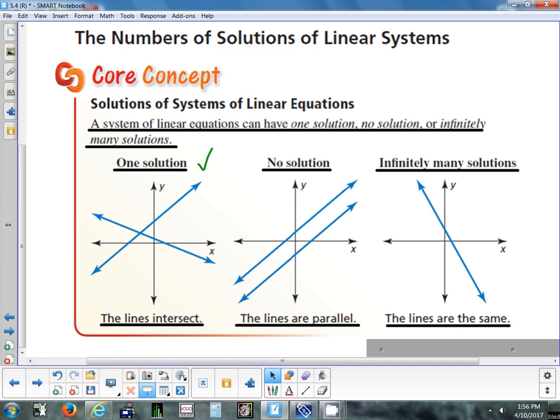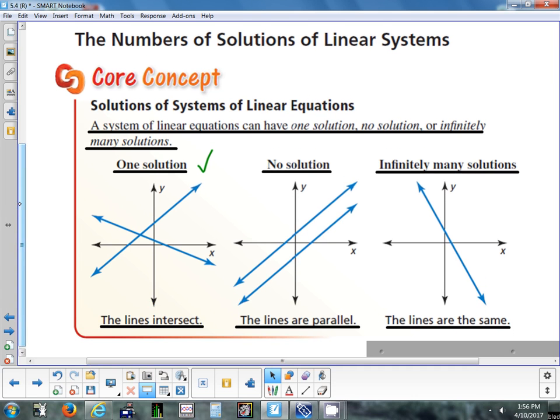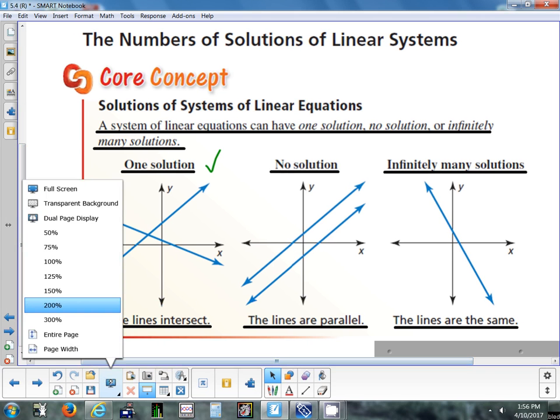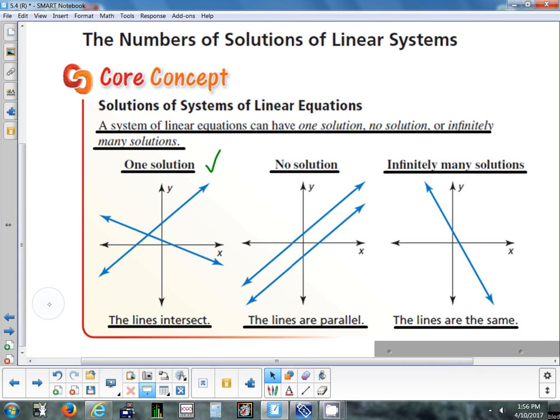That means they go on forever and never cross. And then if the lines are exactly the same, they're going to be right on top of each other, so every single point is going to be a solution. And then on the top, a system of linear equations can have one solution, no solution, or infinitely many.